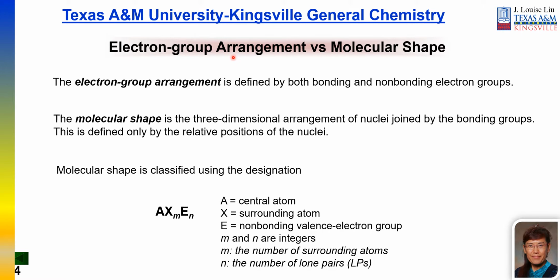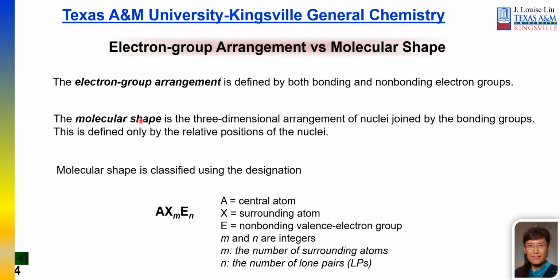Let me emphasize the difference between the electron group arrangement and your molecular shape. To restate, the electron group arrangement is defined by both bonding and non-bonding electron groups. The bonding can be single, double, and triple bonds. The non-bonding can be a lone pair, 2 electrons, or a single electron.